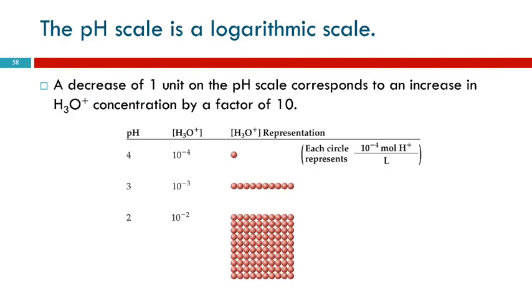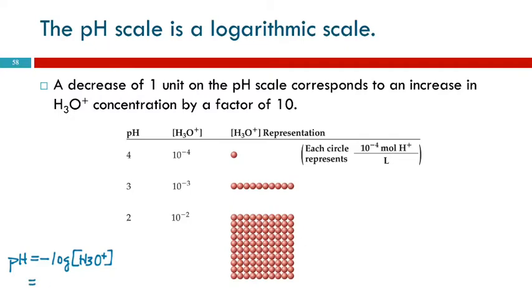So 1 unit on the pH scale corresponds to a factor of 10. So if the pH of this solution is 4, then the hydronium ion concentration is 10 to the minus 4. Because the pH is equal to the negative base 10 log of the hydronium ion concentration.